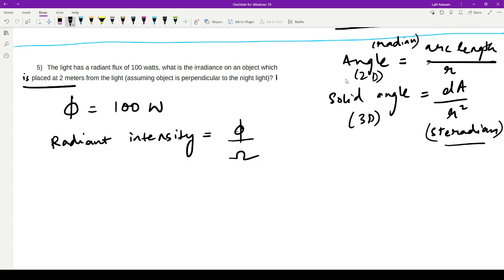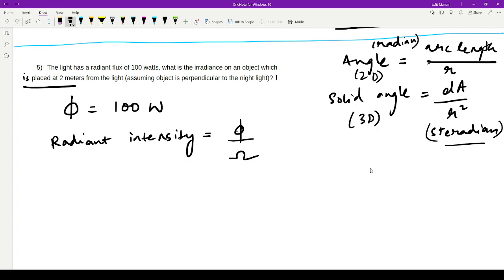Okay, so what's the total solid angle that you can have? I think that was derived in the class. You integrate over a sphere, what will you get? What's the total angle in 2D?